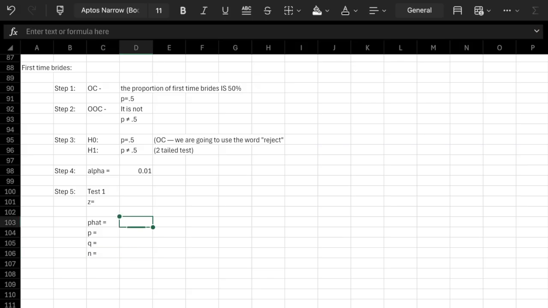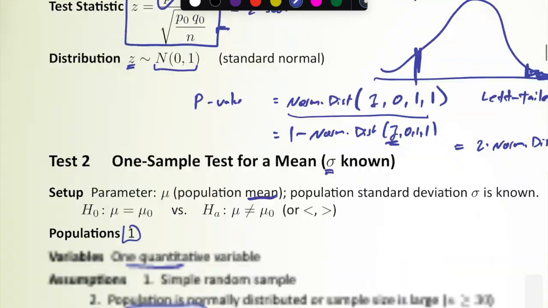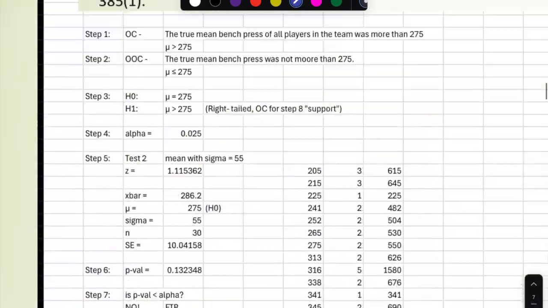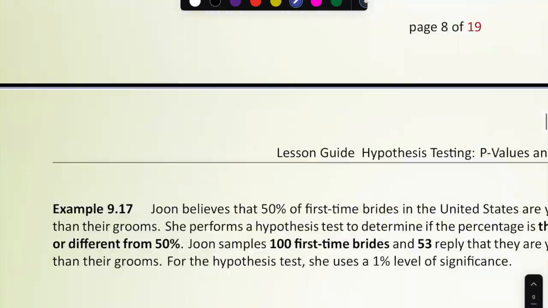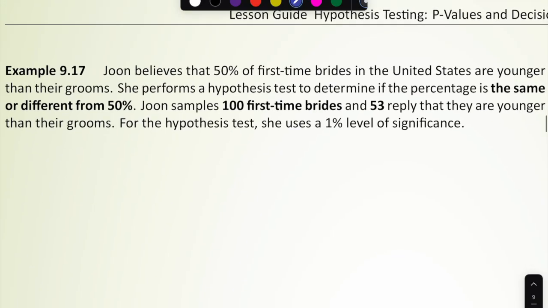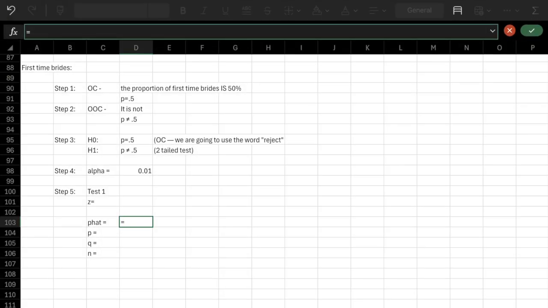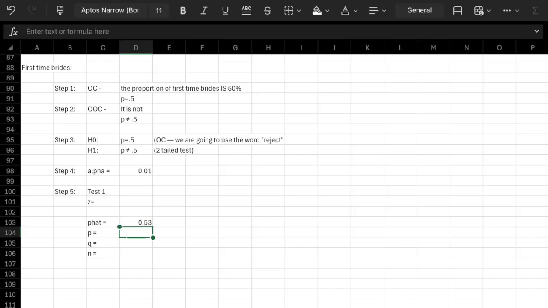All right, so let's go ahead and put this in. P hat was, let's see, was it 53%? Is that what June found? Yep, 53. 53% said that they were younger.